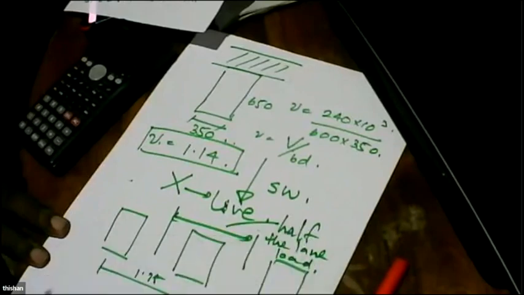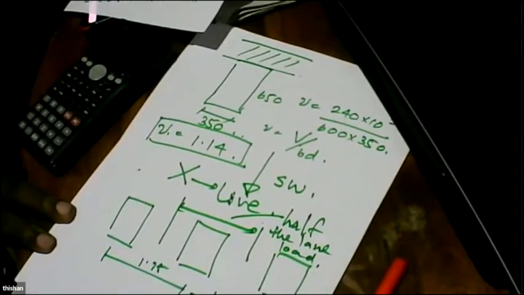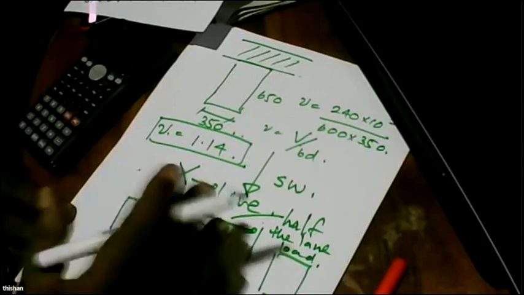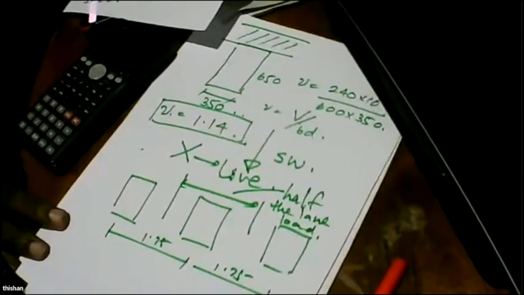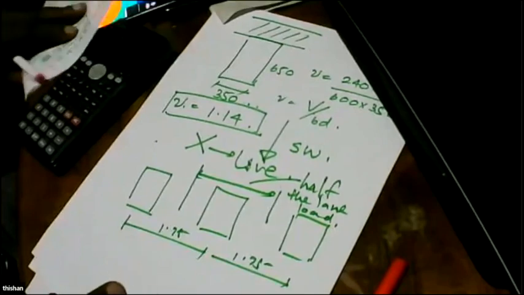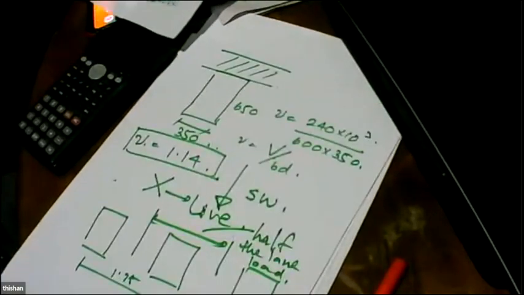This way we are keeping the weight of the bridge low, and each beam is carrying only half the live load per lane. So that way we are keeping the shear sufficiently low, and flexure is also sufficiently low. So the biggest advantage of this system is this one.